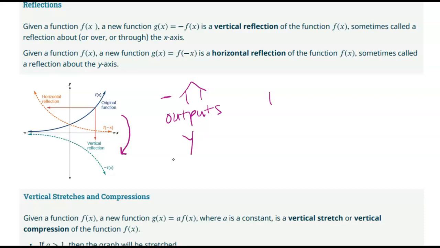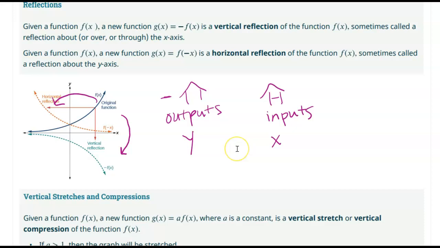If your negative is inside the house, that's going to affect your inputs, or your x-axis, and notice that this flips the x's. So positive x's become negative, negative x's become positive.